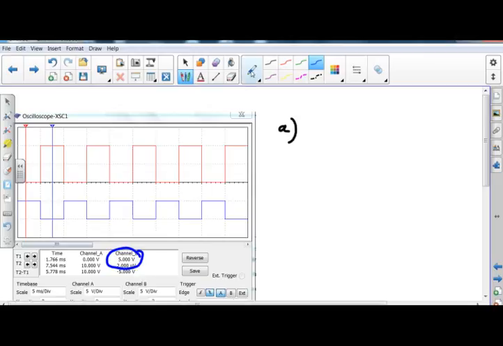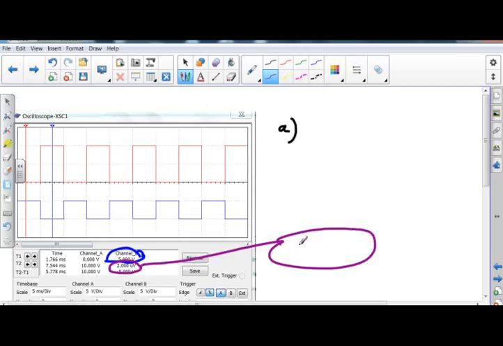You can't see that. Okay, where's my eraser? Boom. So you have 5 volts, and you have 2 microvolts, which is essentially 0. Okay, so that's what I had there.